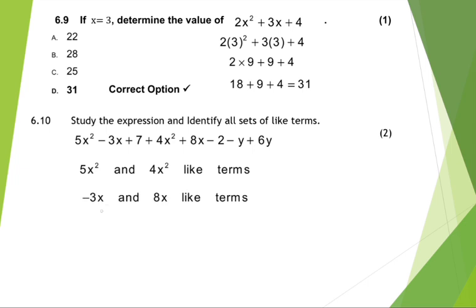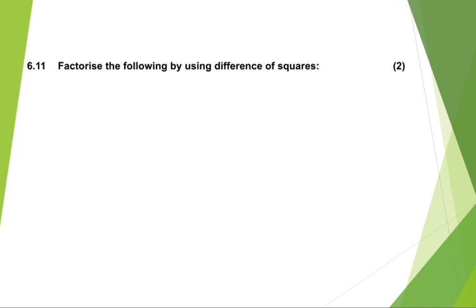Then I've got minus 3x and 8x are like terms. Then I've got negative 2 and plus 7 are like terms. Then we've got negative y and 6y are like terms.